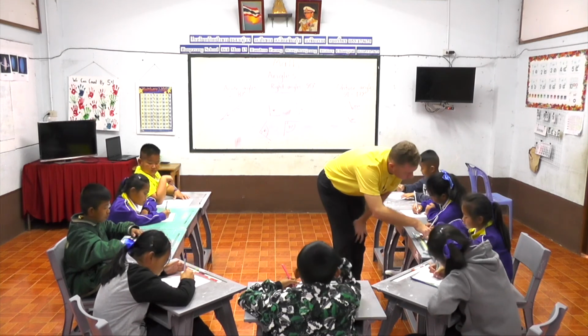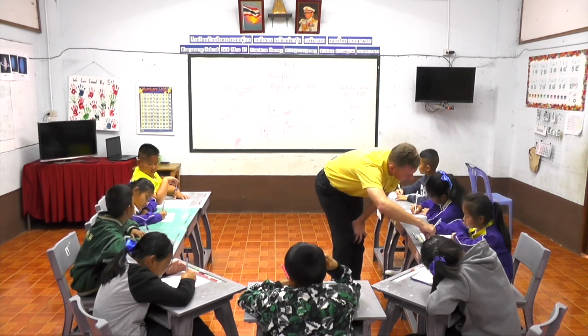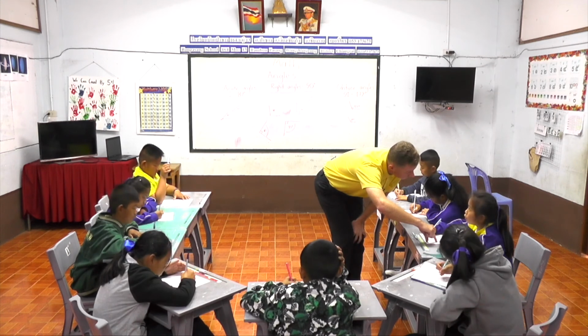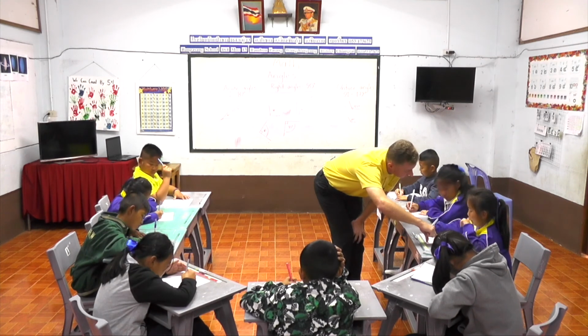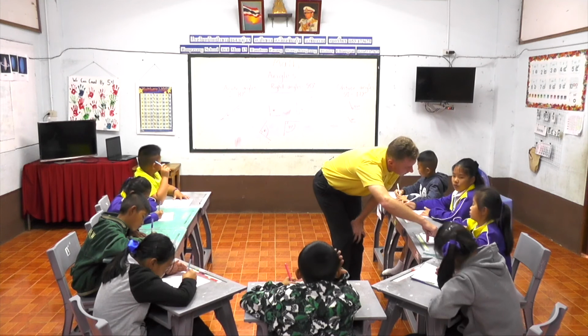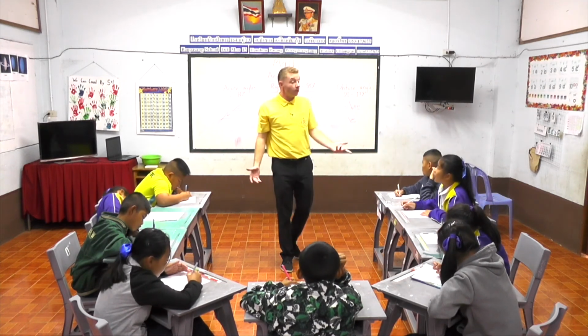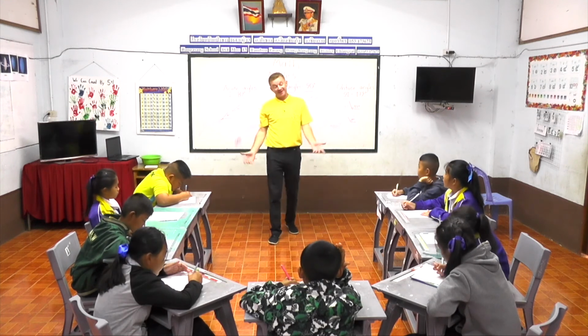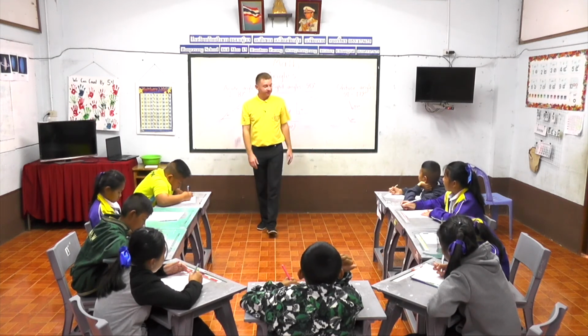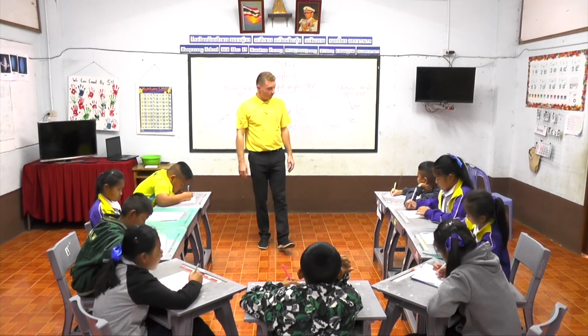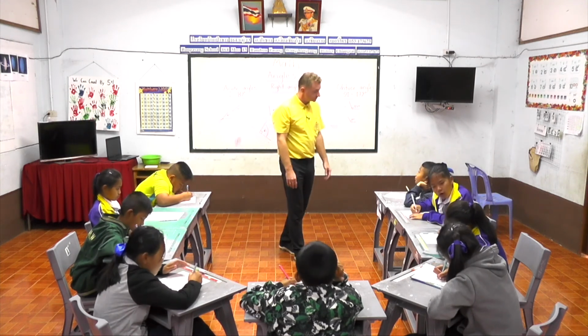Okay, so now you can give your vertex a point. Remember your vertex and your lines like C, A, T, and then right angle, C, A, T. Or D, O, G. It can be a dog. It doesn't have to be cat. Yes.